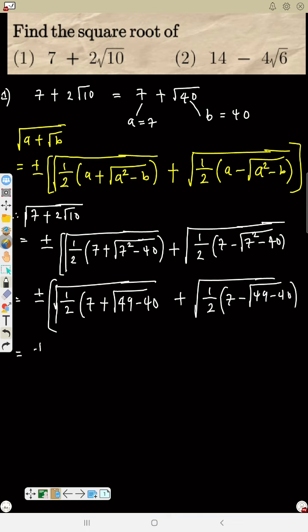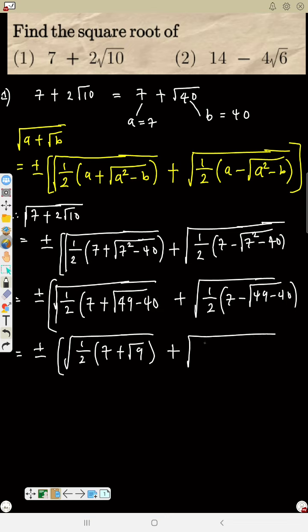So this is plus or minus square root of 1 over 2 bracket 7 plus square root of 9, because 49 minus 40 is equal to 9, plus square root of 1 over 2, 7 minus square root of 9.